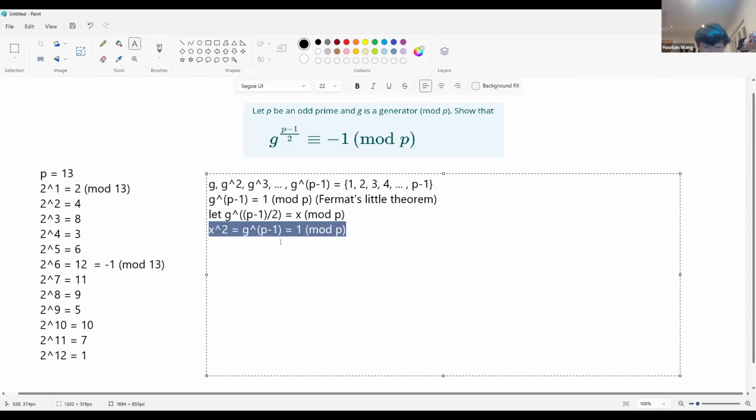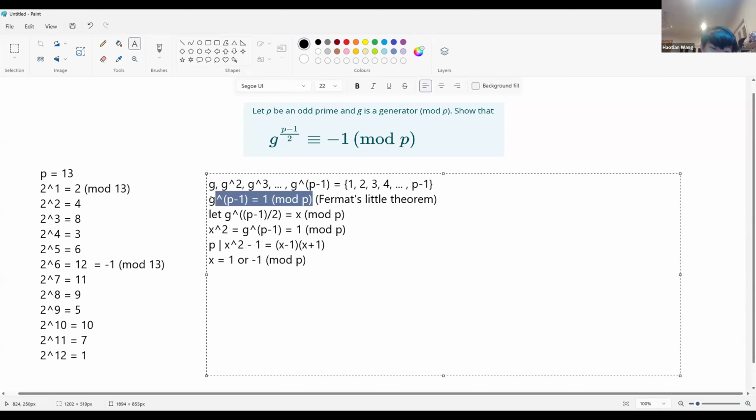So from this, we get p divides x squared minus 1, and that is equal to x minus 1 times x plus 1. So now we know x is congruent to 1 or negative 1. But we're still not there, right? We want it to be negative 1, but that means we have to eliminate the possibility of 1.